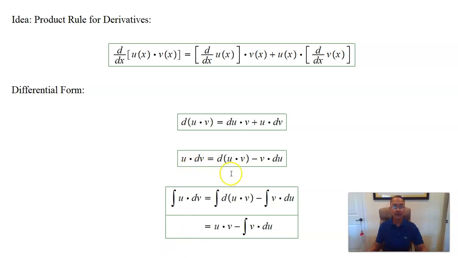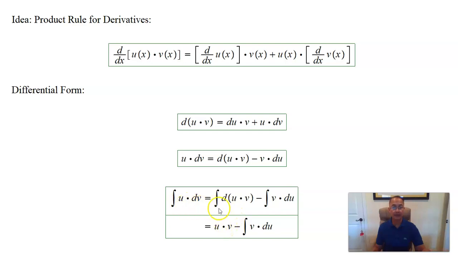Now we can integrate both sides of this equation. The integral of u times dv is the integral of d(uv) minus the integral of v times du. But the integral of the differential is simply the symbol of what is inside the differential. So the integral of d(uv) is simply u times v.